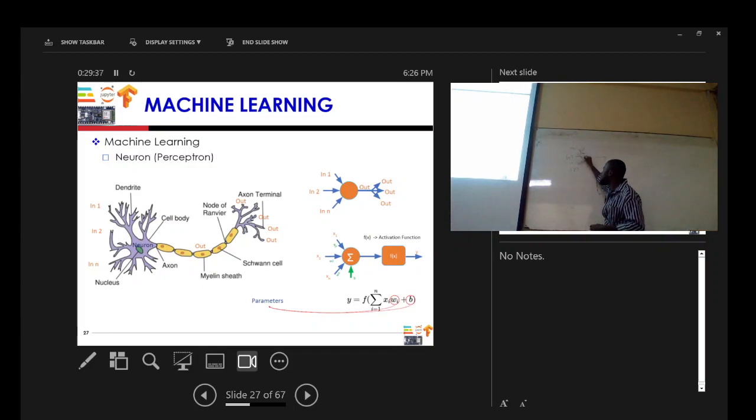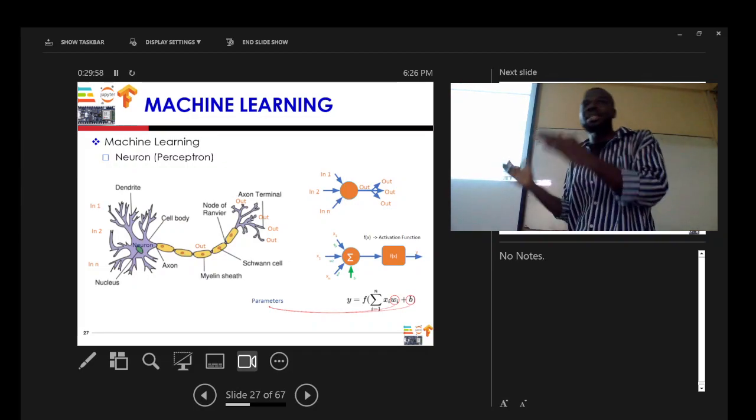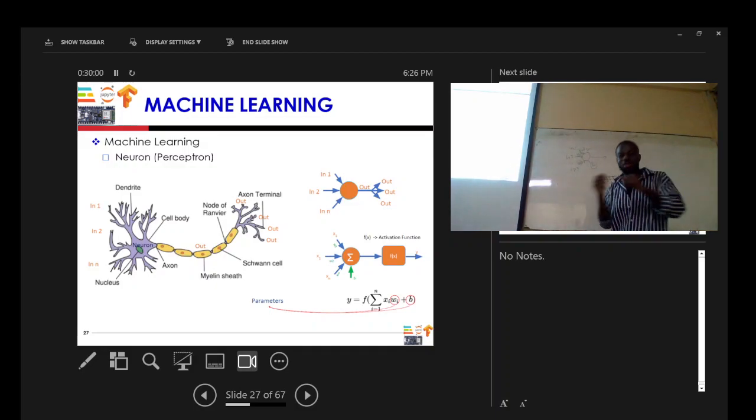The weight will determine if the input is important or not. If it's not important, the weight has a lesser value, like a zero, which means this input is not really important at all in trying to identify whether it's a cat or a dog. If the weight is a huge number, it means that input is very, very important in determining whether an image is a cat or a dog. Understood? Yes. And then we have the bias value also.